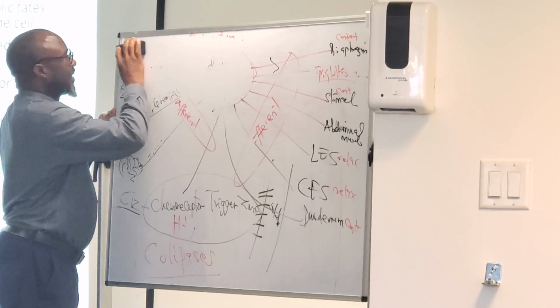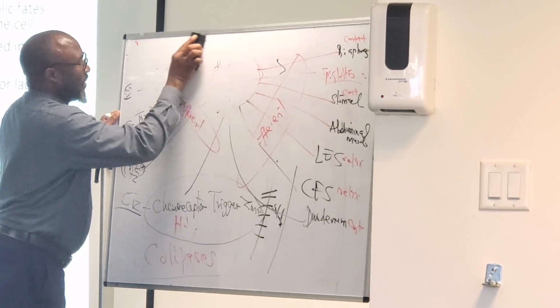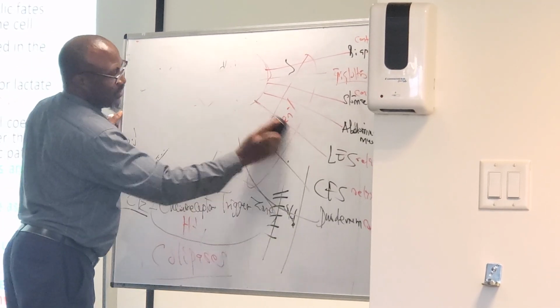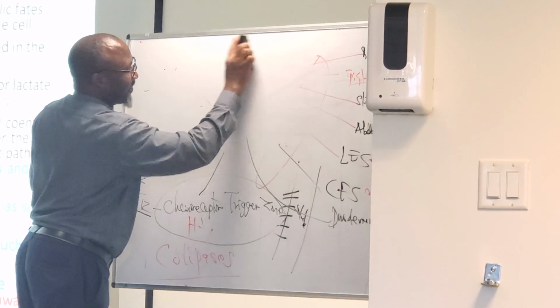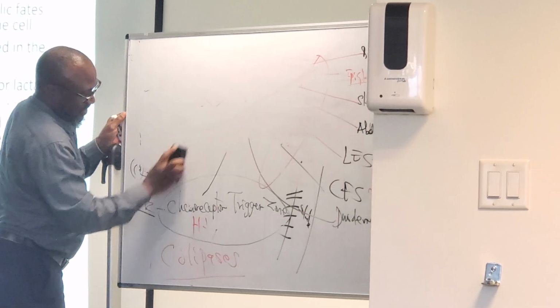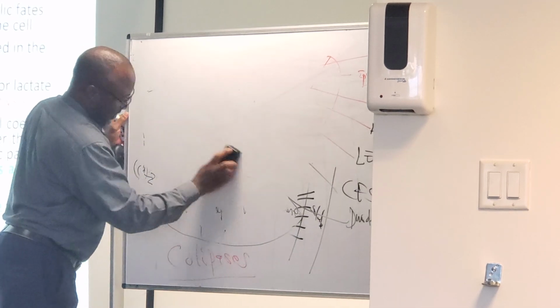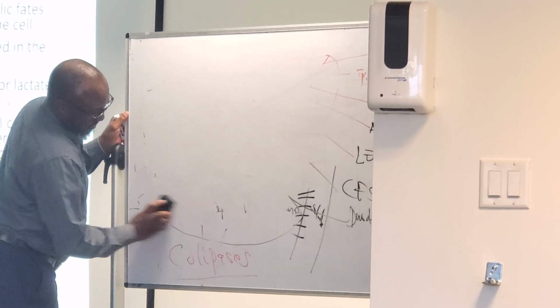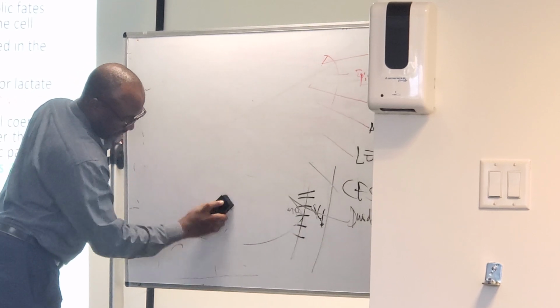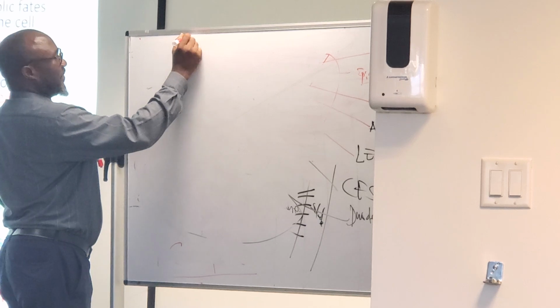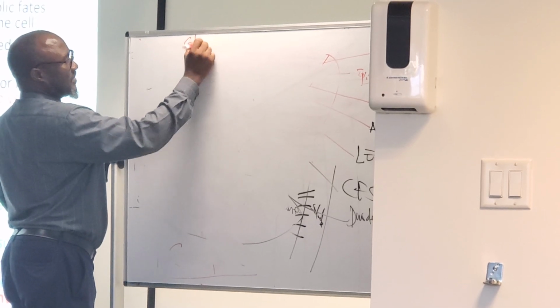The first thing is, when carbohydrates are broken down as glucose molecules, the glucose enters the cells. When they enter the cell, the first thing that happens is glycolysis.